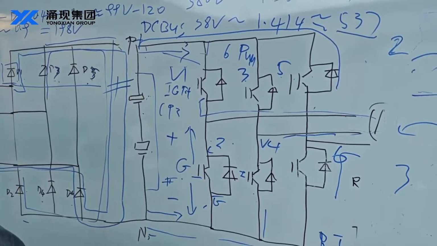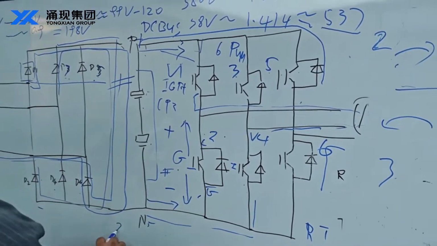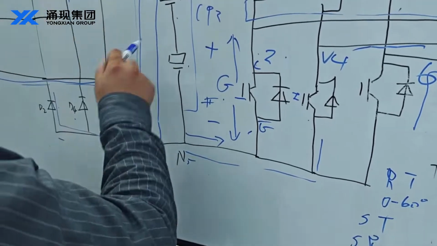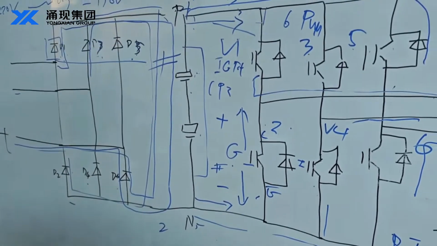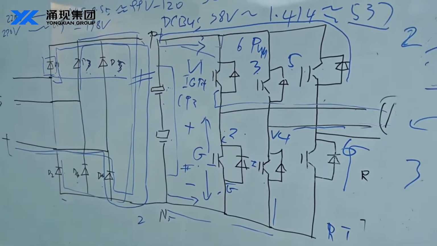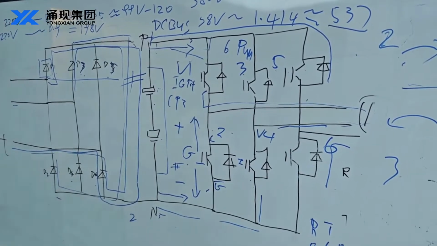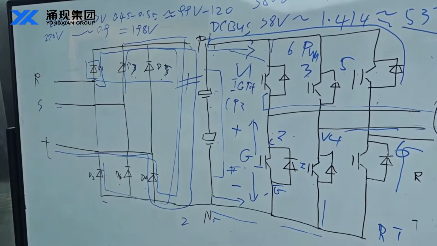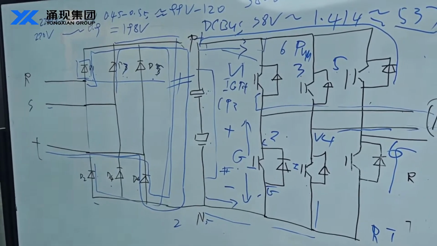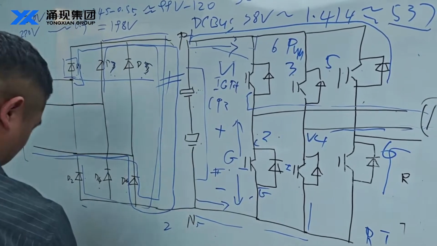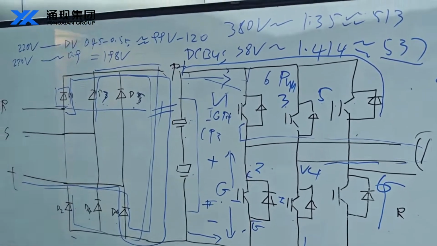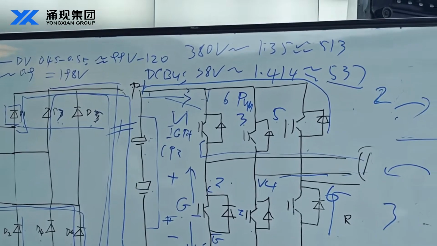In the old 2-quadrant inverter working process, we use the brake unit and the brake resistor to convert the excess electrical energy into heat energy and dissipate it.